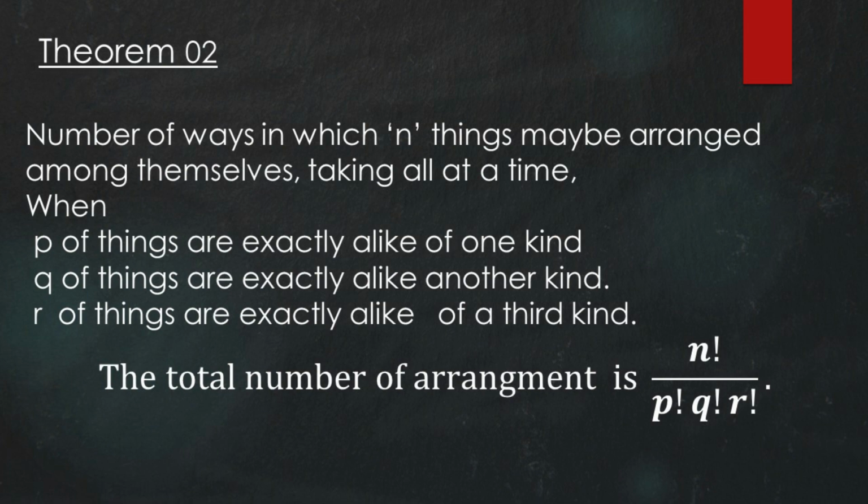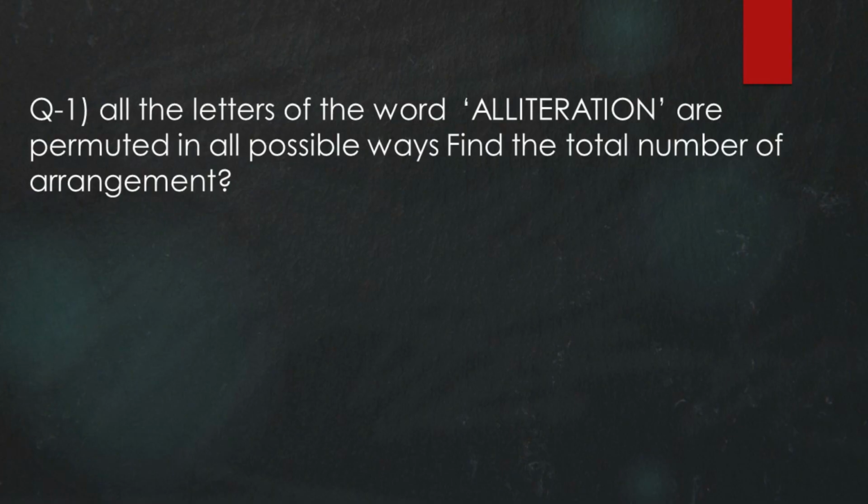Okay, let's move to the question. All the letters of the word alliteration are permuted in all possible ways. Find the total number of arrangements. Okay, this is like the previous cases.